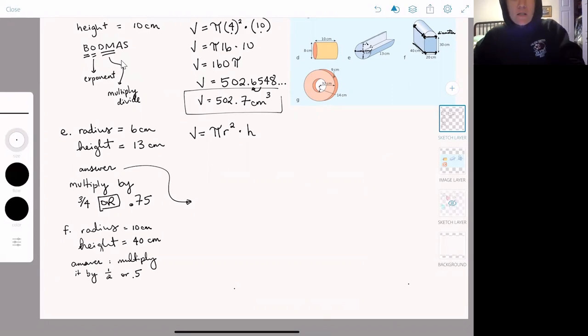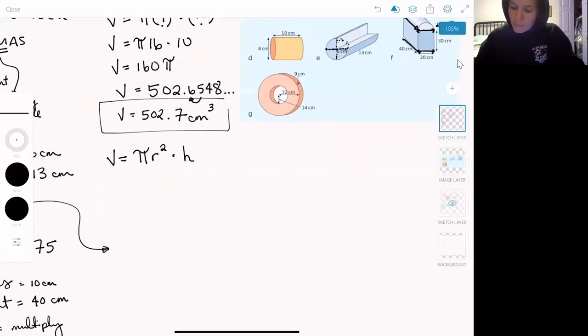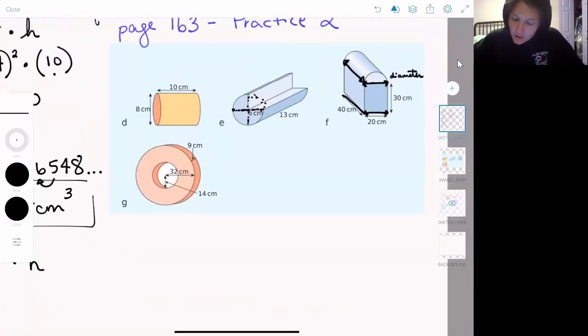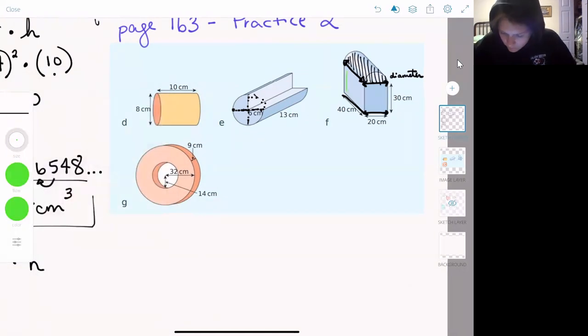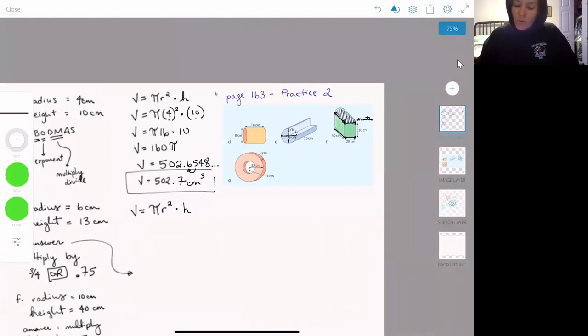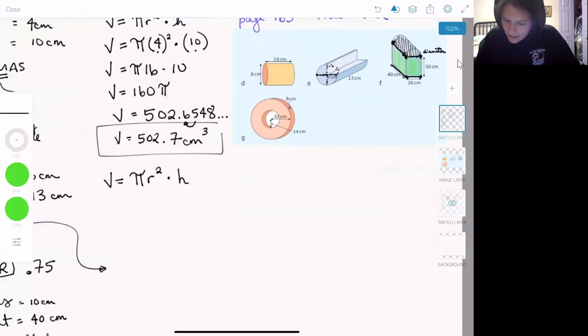But this one does go a little bit further. When I'm looking here, I'm not looking for the volume of only this. I also want to find the volume of this rectangular prism underneath. So then I'm going to have to take that out.